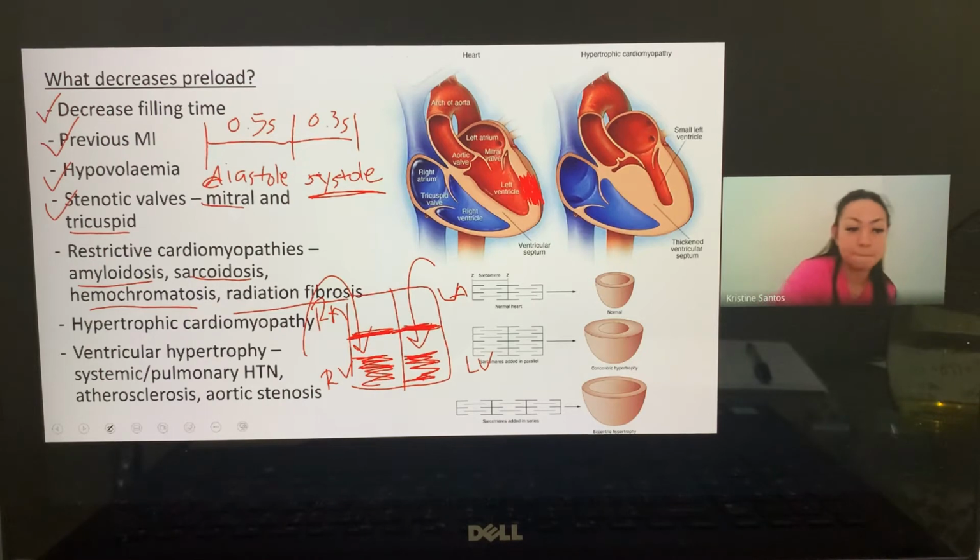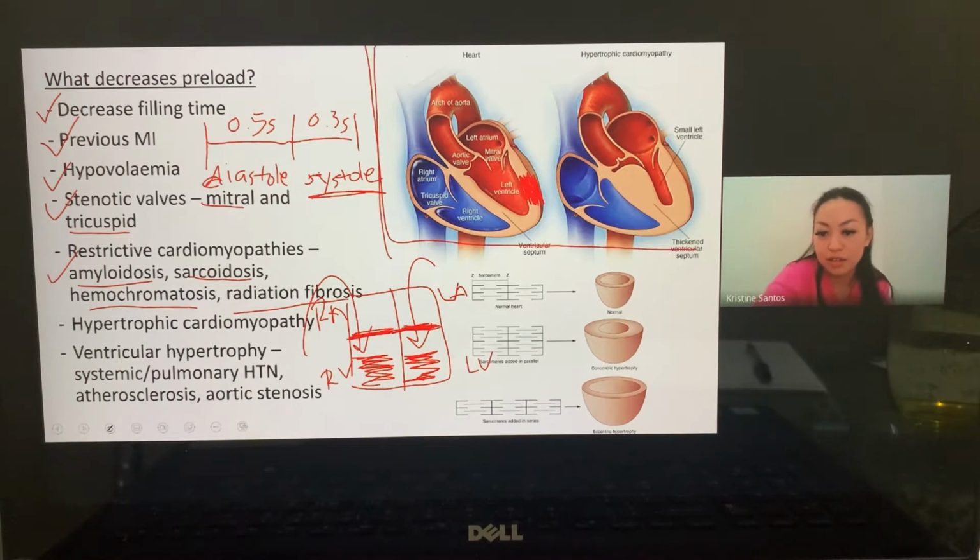Okay? The next one is hypertrophic cardiomyopathy. If you look at this diagram here, hypertrophic cardiomyopathy is essentially the thickening of the septum. Can you see the septum? It's so big. And also the thickening of the left ventricular wall. So this is what happens in hypertrophic cardiomyopathy.